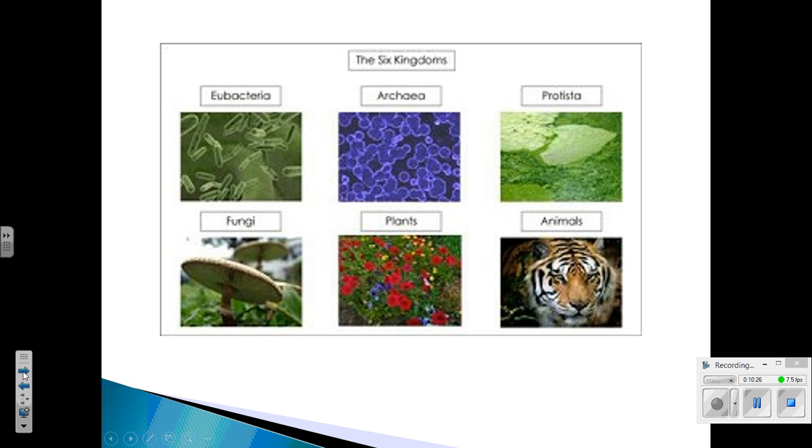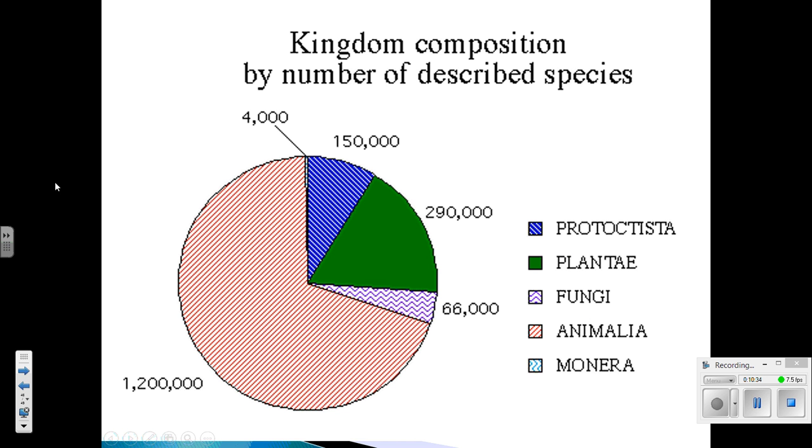Okay, so here's the 6 kingdoms: Eubacteria, Archaebacteria, protists, fungi, plants, and animals. If you were to look at the number of species in each kingdom, notice here's the animal kingdom as far as the number of species in it, over 1 million.